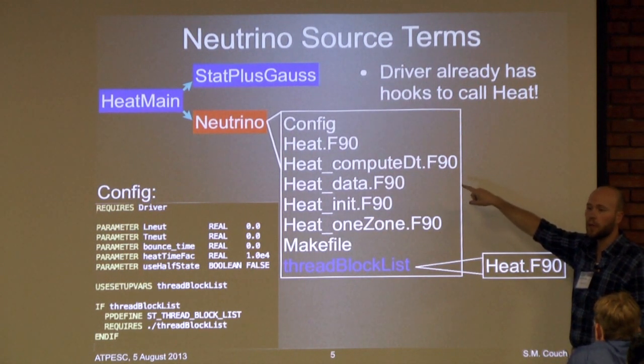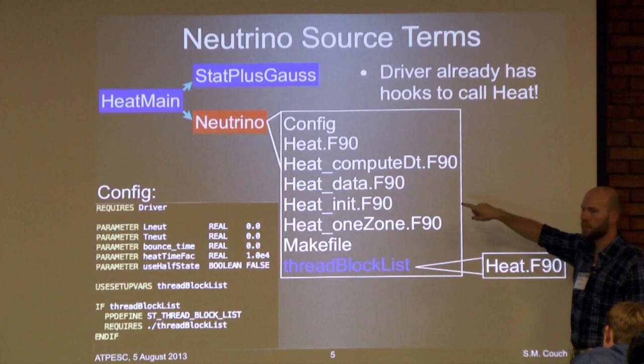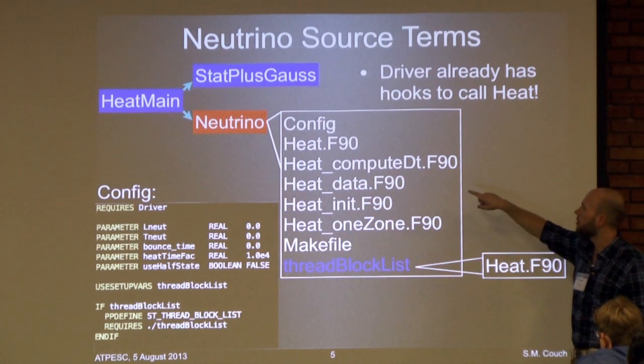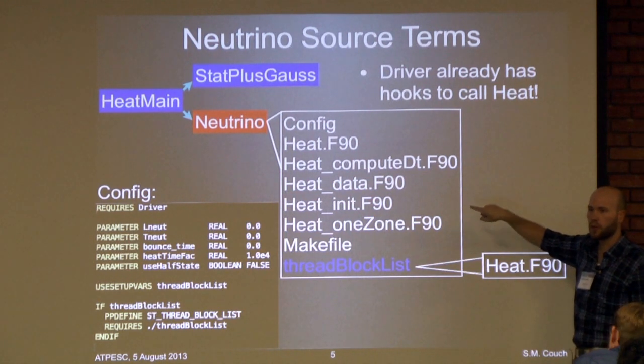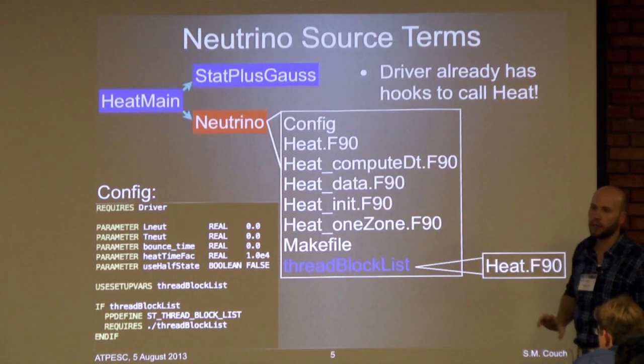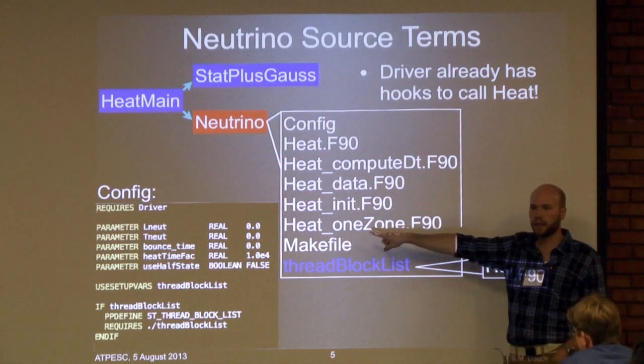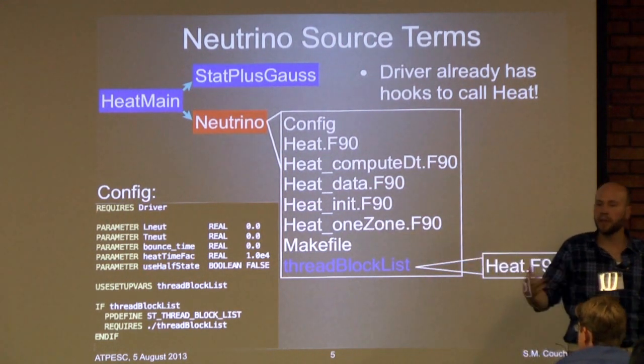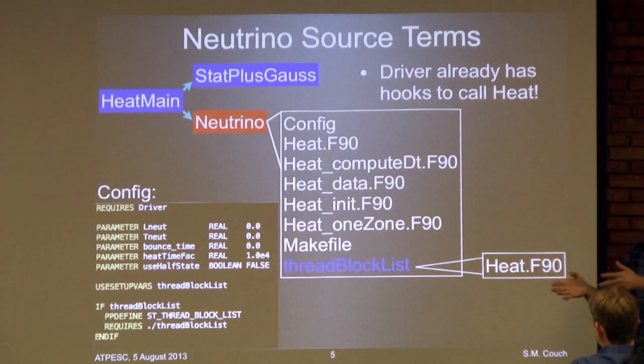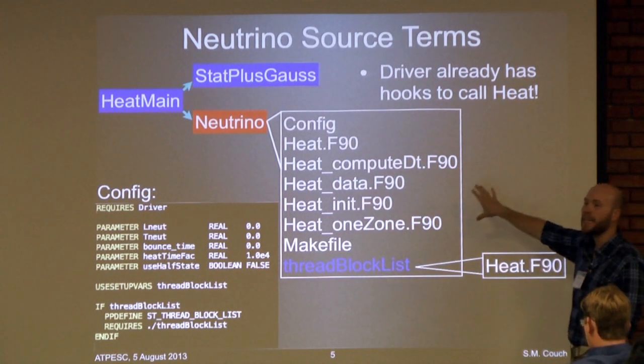Or what you could do, and this will be more apparent I think in the other directories, you could have local functions which are called by heat.f90, each one of which contains your separate heating terms, right? And they'll be local in the sense that they're not capitalized and they don't publish a public API that other units could call. So they'll only be called from within the heat unit.